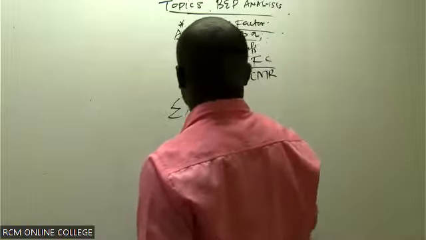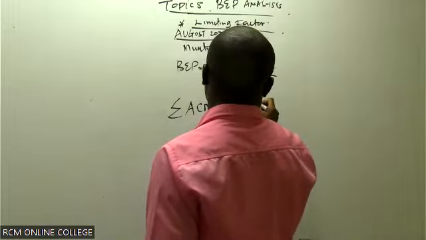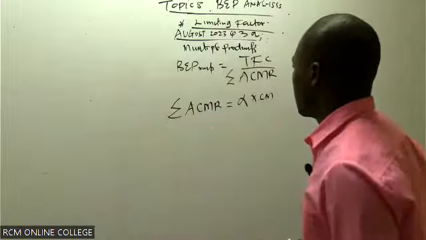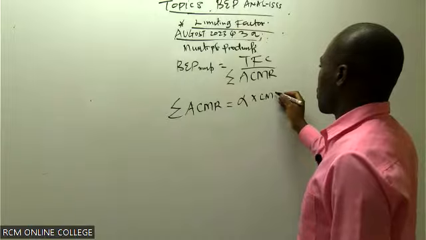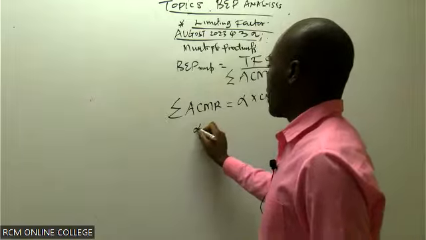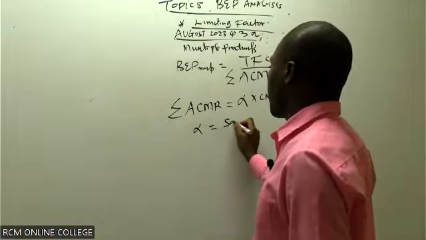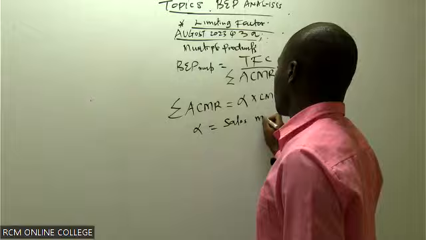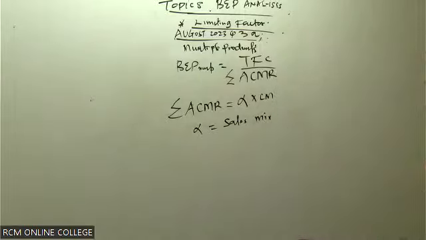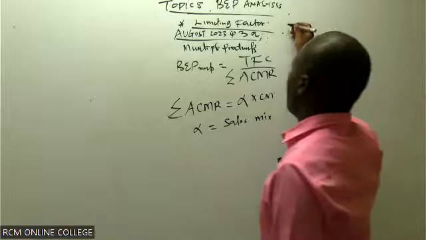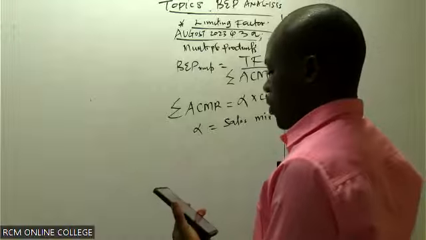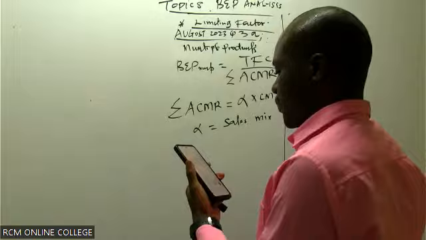The summation of the average contribution margin is basically equivalent to alpha times contribution margin, where alpha is the sales mix in units.